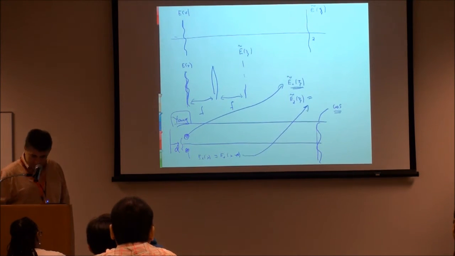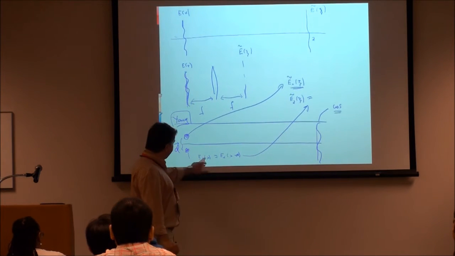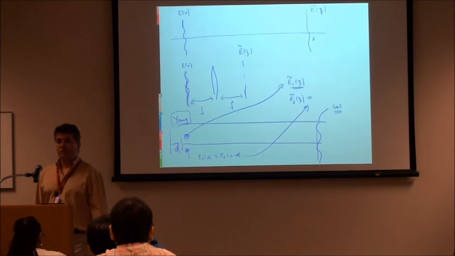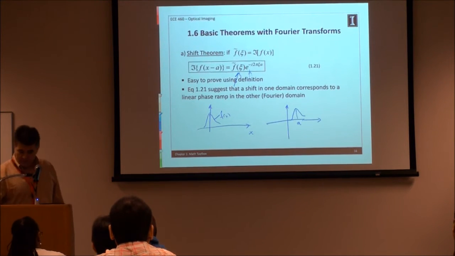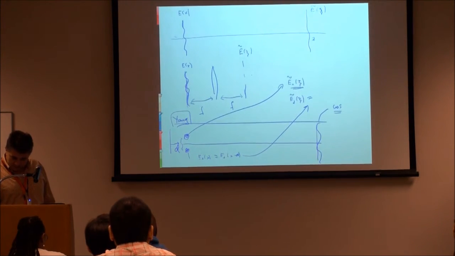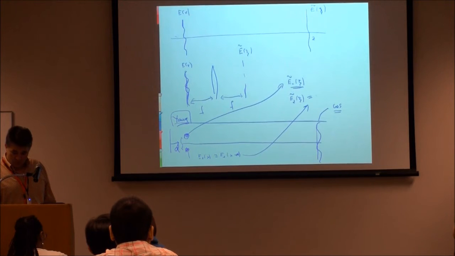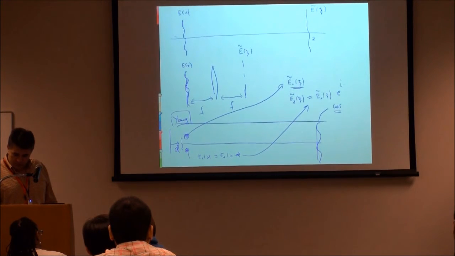So based on the shift theorem, the fact that the two fields are just shifted by a constant A, that should allow me to use this property right here, right? So can you tell me what that means? The Fourier transform of the second one will be what? It will be U1, the Fourier transform of the first one, times, there we go, e to the 2 pi i psi A.